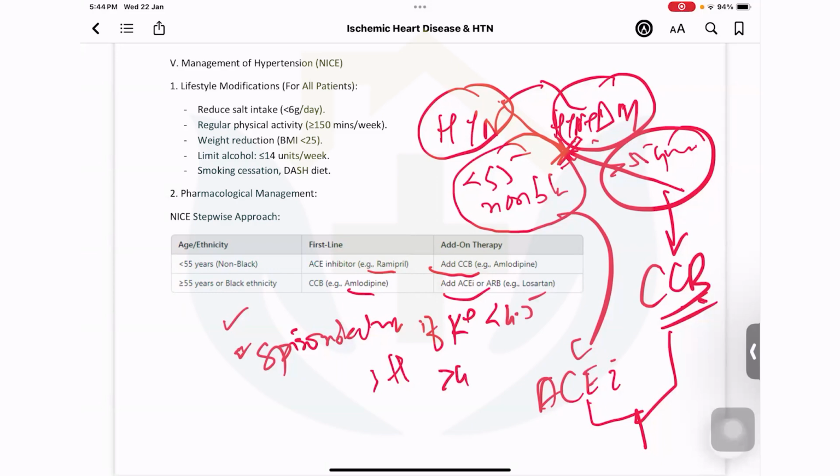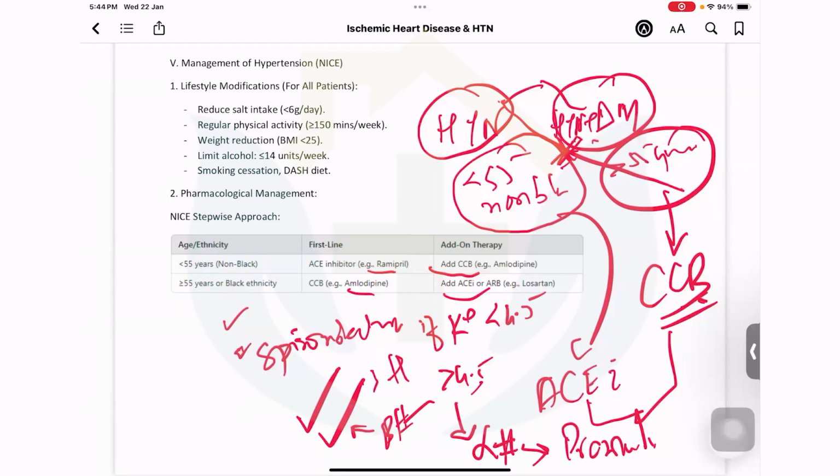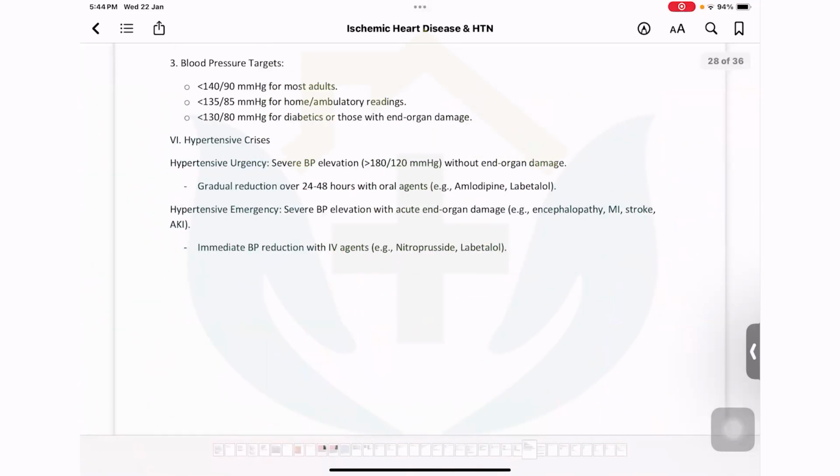If it is more than 4.5, you can go for either a beta blocker with antihypertensive control, that is carvedilol, bisoprolol, nebivolol, or you can use alpha blockers like prazosin. Okay. So these are the guidelines and stepwise approach.